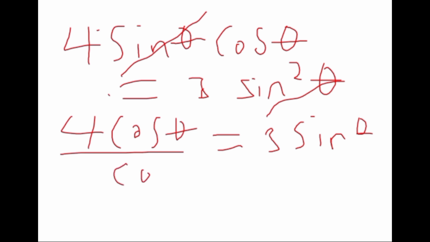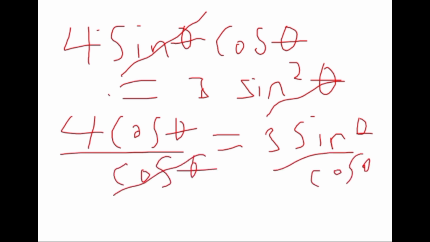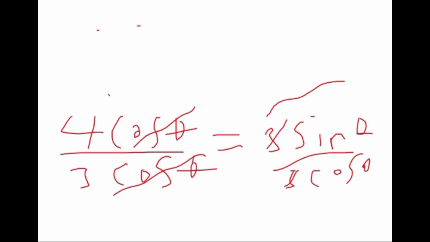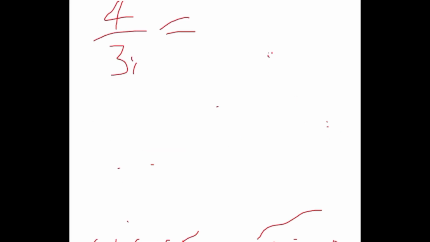So let's divide both sides by cos theta. Cos theta will cancel cos theta. Okay, let's divide both sides by 3. So we're left with sin theta over cos theta. So we'll have it that 4/3 is equal to tan theta, because sin theta over cos theta gives us tan theta.